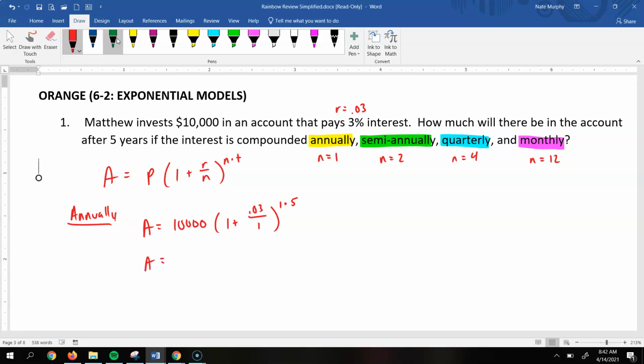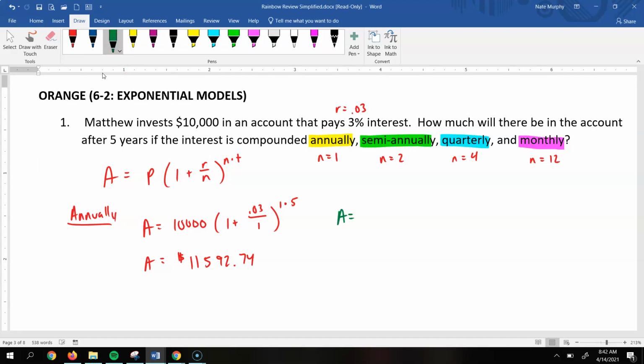Please, when you type this in your calculator, do this all in one step. Don't try to do this in multiple steps, because that's when you make your mistakes. And when you do that, you end up getting your answer of $11,592.74.